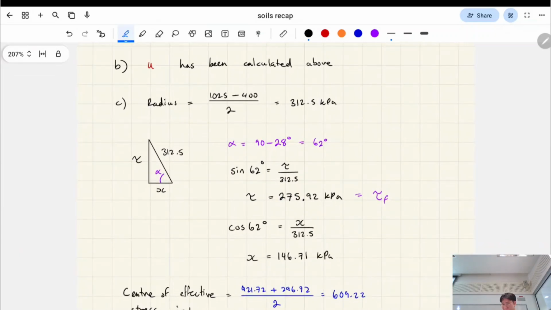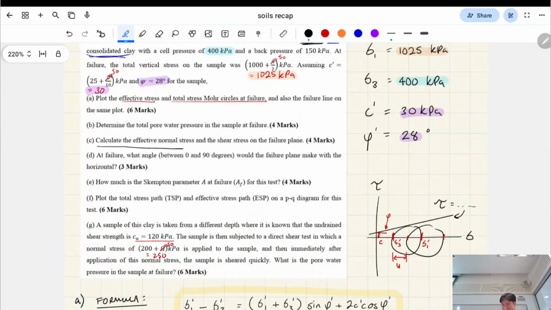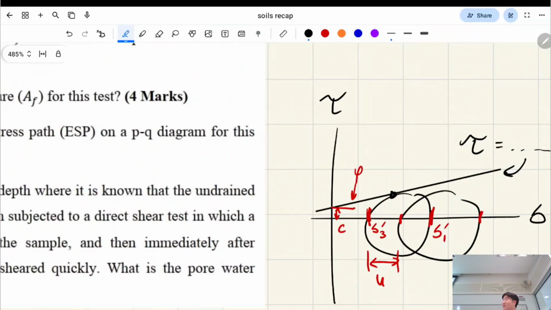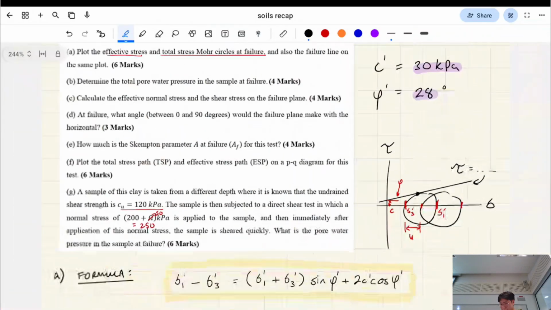Now, C says calculate the effective normal stress and the shear stress on the failure plane. What that means is, remember your failure plane is your Mohr-Coulomb criterion line, and what we care about is the point of intersection here between the line and the effective stress circle.